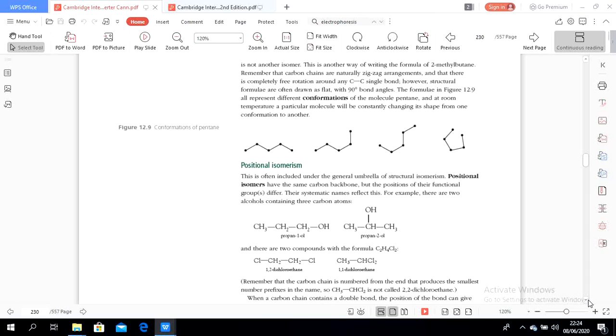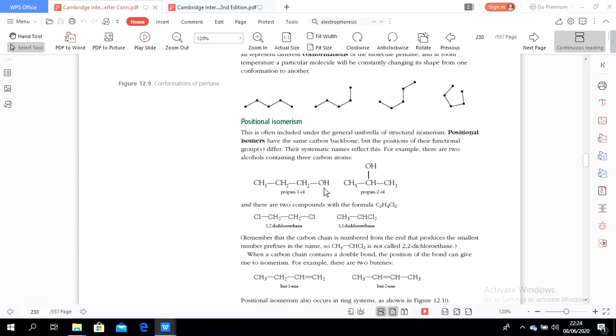Alkanes do not contain any functional group. Let's see this one: propan-1-ol and propan-2-ol. The difference is the position of the functional group. So positional isomerism always refers to the position of the functional group. That's what we have to keep in mind.